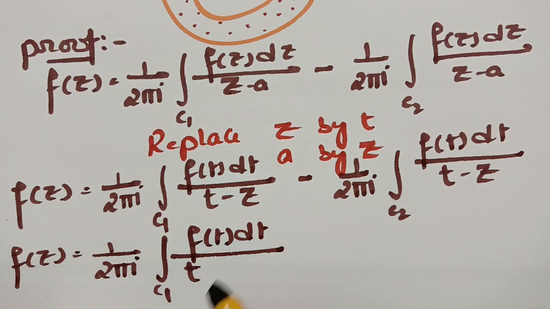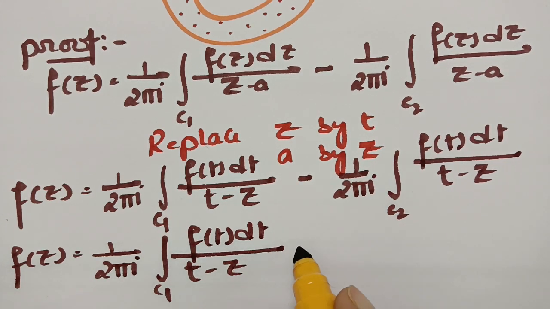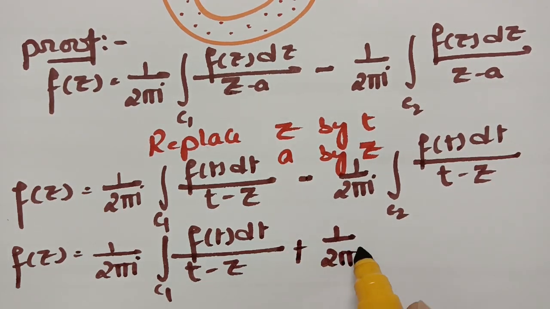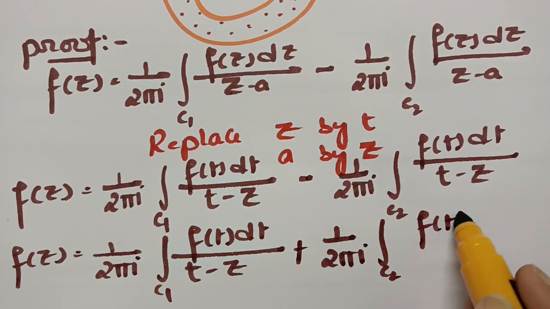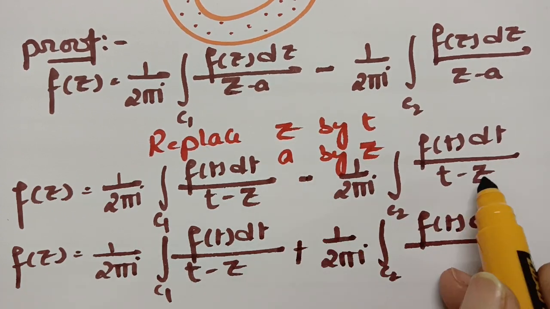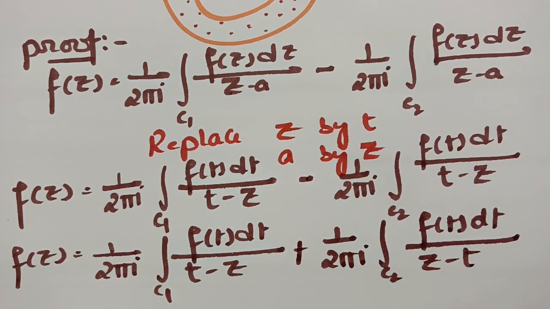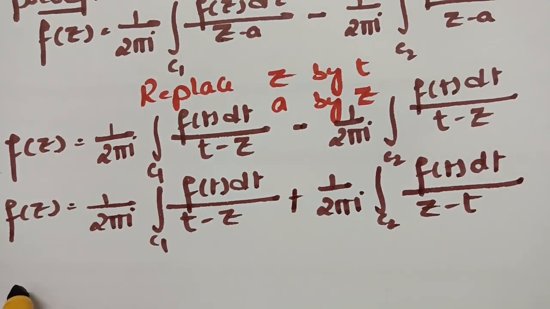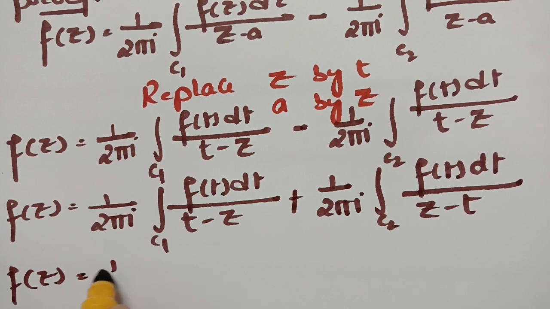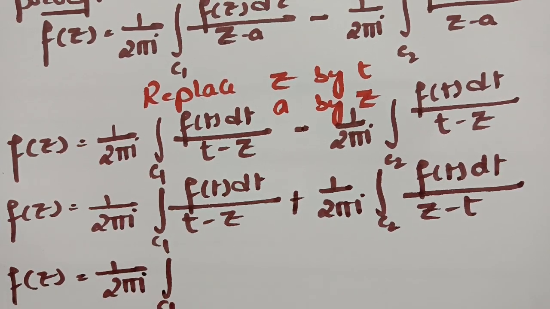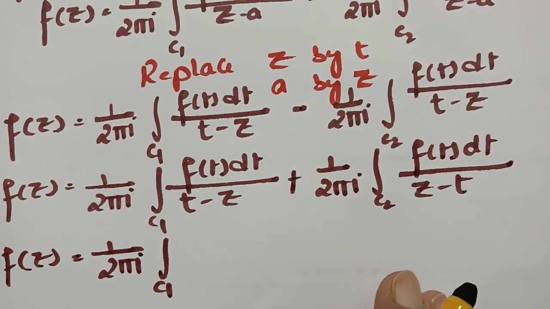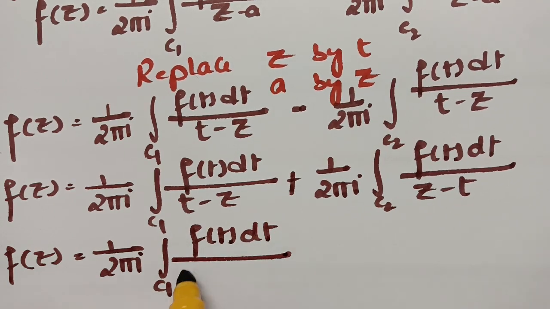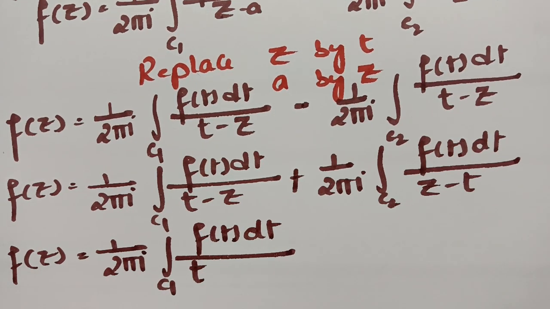This minus I am making plus, so this will be 1/(2πi) times the integral over C2 of f(t) dt, and I am taking minus common from the denominator, so this will be (z − t). Next, f(z) is equal to 1/(2πi) times the integral over C1 of f(t) dt / t, and now I am introducing a.